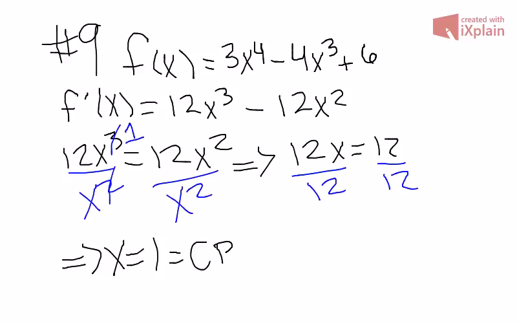So you can plug in points right around 1, one higher than 1 and one lower than 1. Like if you plugged in 0 to this, then you'd get a certain value.